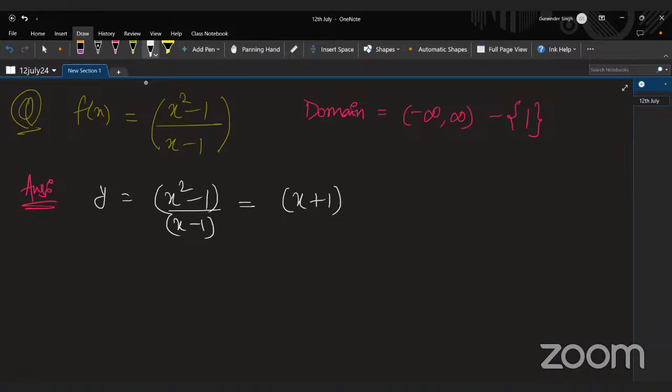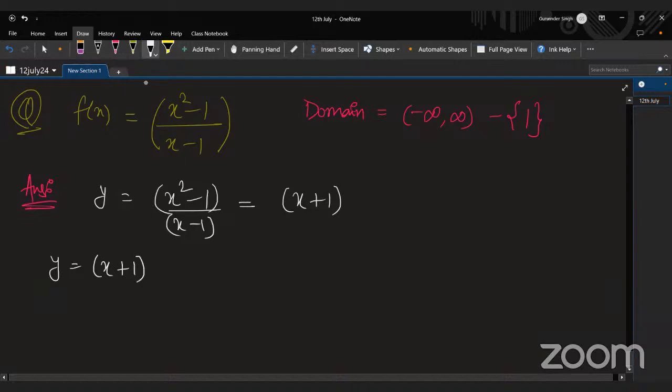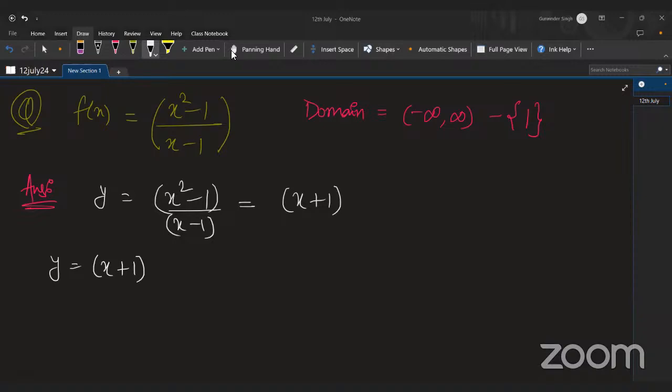So if the denominator is not 0, division is allowed. So my y will be equal to x plus 1.